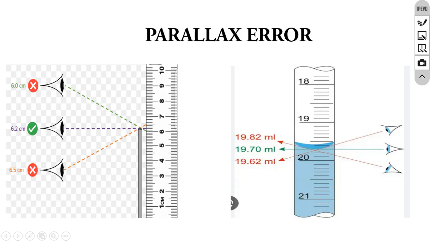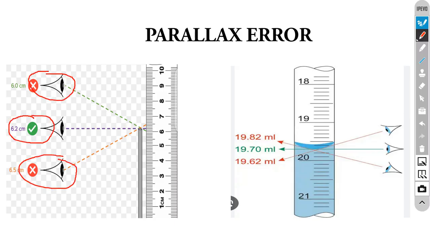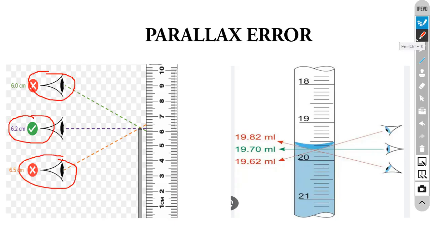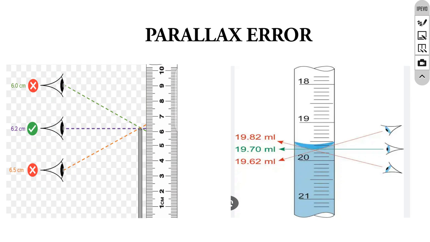But if you are looking at it from above, you will still get something, but that thing would be wrong. Or if you're looking at it from below, you still get something, but that thing will still be wrong. So looking at it at eye level gives you the correct value. Any error that arises as a result of wrong positioning of the eye is simply the parallax error.